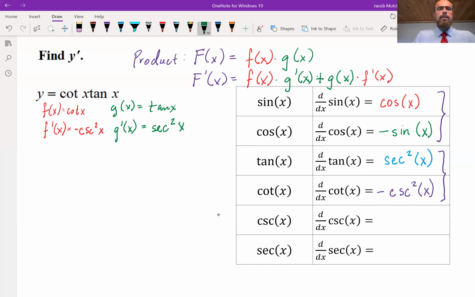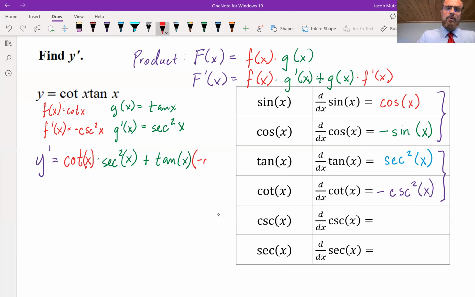So we just want to set up then. So for us, we'll call this y prime, the first derivative of our function. And we'll follow our rule here. So it's f of x, which we saw as cotangent x, times the derivative of g of x, which is secant squared of x, plus the original g of x, which is tangent of x, times the derivative of small f of x, which we labeled as negative cosecant squared of x.